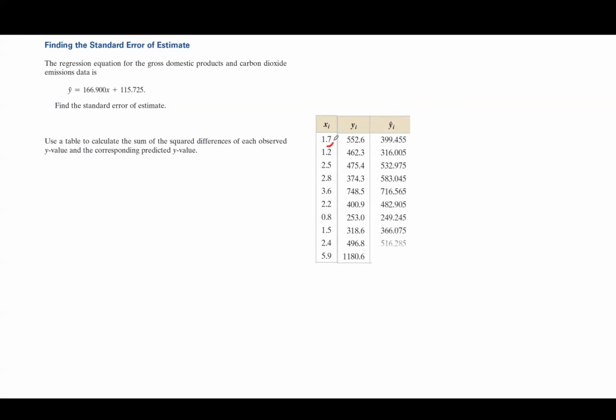You're going to plug in each xi into the formula and calculate its yi hat, which is the predicted y value. And as you can see, you have a difference between the actual y value and the predicted y value. We don't expect these to be the same values because this is a regression line equation. Now, find the difference between yi and yi hat. You're basically calculating the residuals, di.